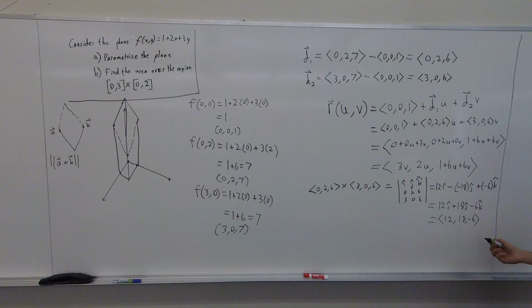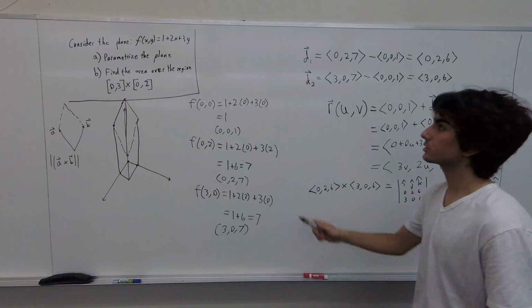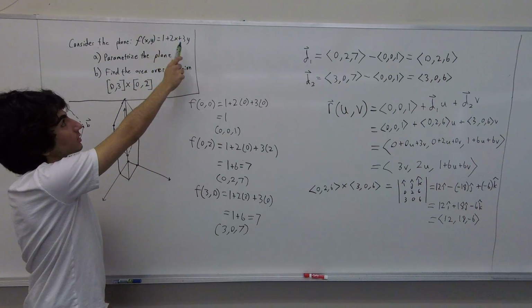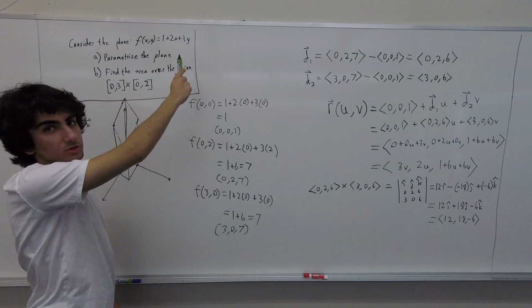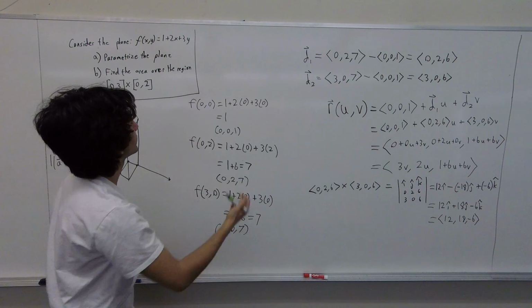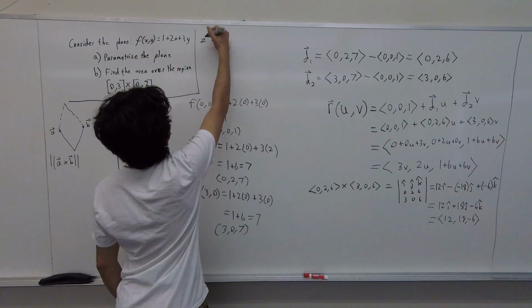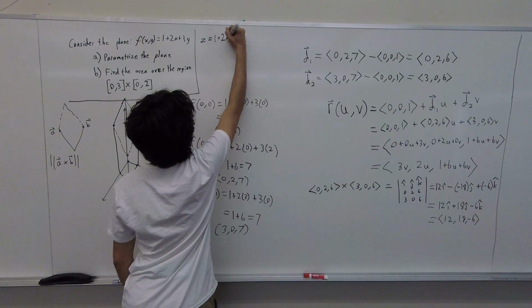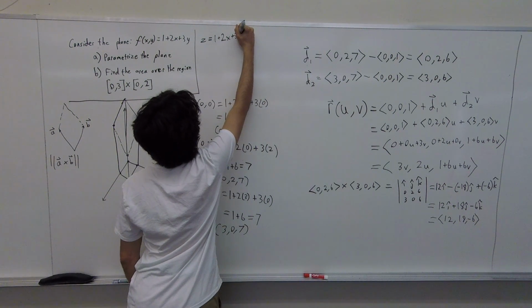But before we go ahead and do that, we want to double check to make sure that this is perpendicular, that this is a normal vector to our plane. And one thing we can reference is the original Cartesian equation of the plane we're given, because this gives us information about a normal vector. If we write it out in terms of z instead, we get z equals 1 plus 2x plus 3y.